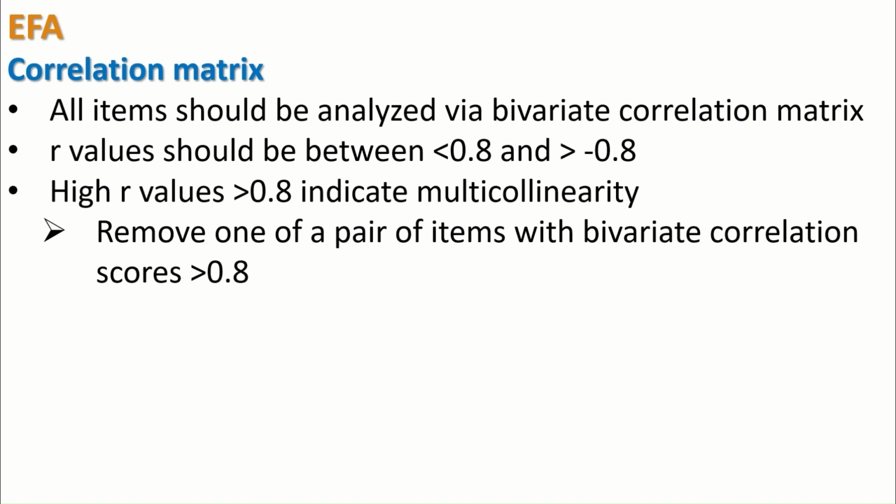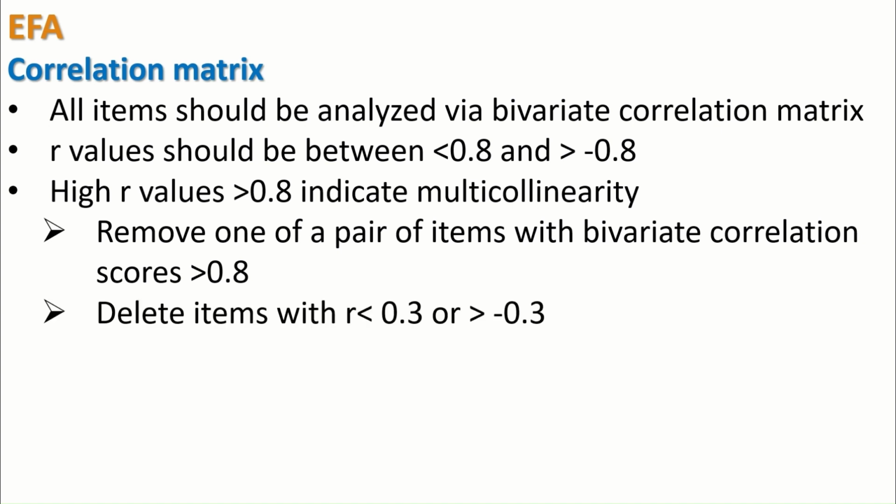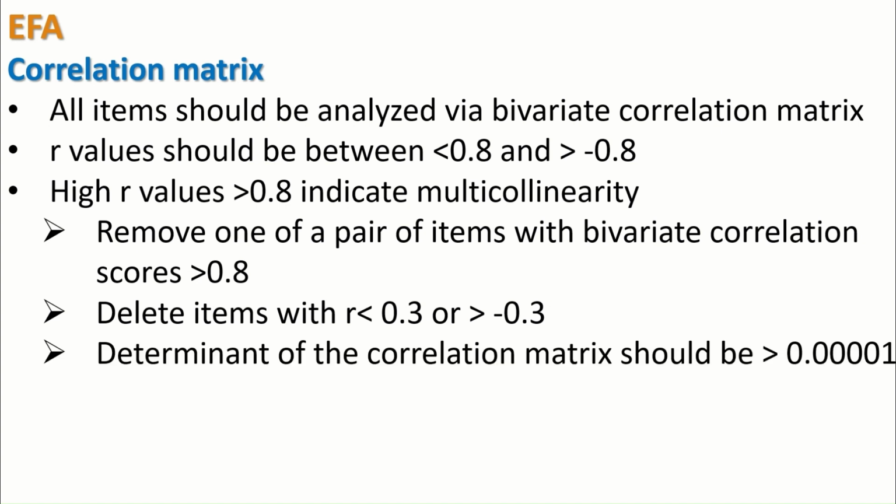In this situation, the item or items have to be removed. So remove one of each pair of items with a bivariate correlation coefficient greater than 0.8. When the R value is between minus 0.3 and 0.3, then omit that item from the analysis. There is also another value, which is called the determinant of the correlation matrix.